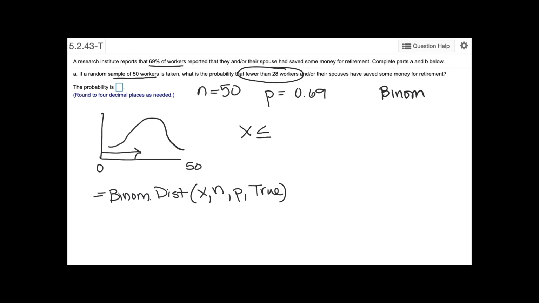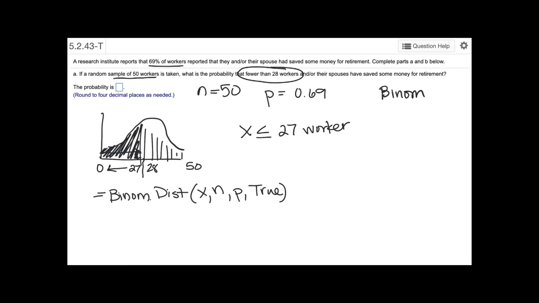So if I actually draw it on my curve here, imagine right here is the 28th person. Fewer than 28 means I start at 27 and go down. So what I'm really trying to solve for is this part of the curve, where x is less than or equal to 27 workers.